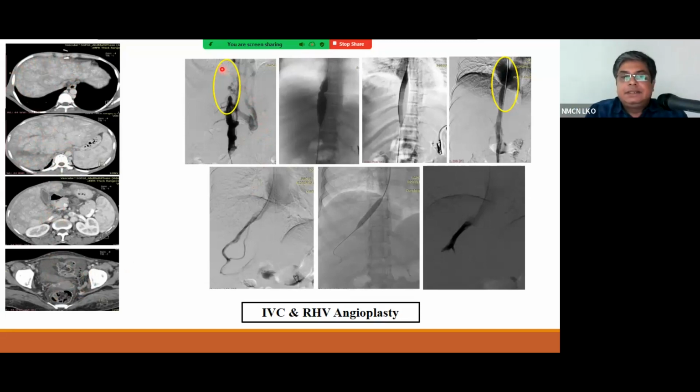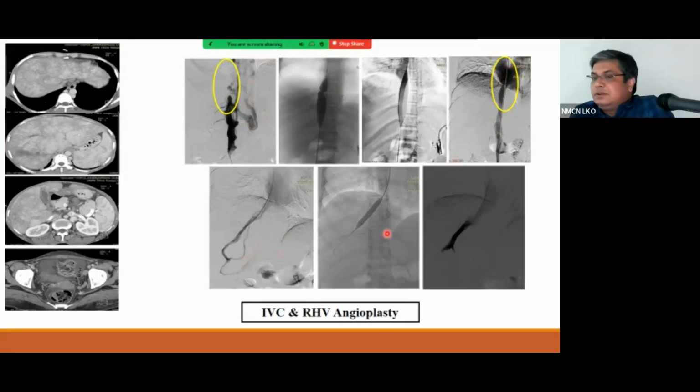And here we can see in the DSA image, via transfemoral access, we performed DSA and see there is complete occlusion of hepatic IVC with drainage via the paravertebral collaterals. So here, again, a balloon was placed across this stenotic segment, balloon dilatation was done, and post balloon dilatation, we can say there is excellent restoration of antegrade flow from IVC to the heart with disappearance of collaterals.